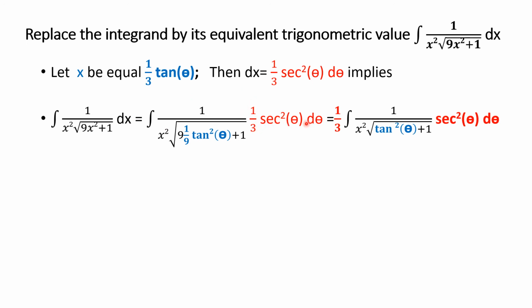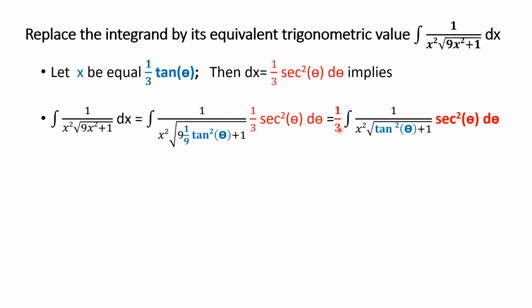Now we can do some cleaning. We can see that the 9 cancels the 9, so we have tan square theta plus 1 inside. And outside we have 1 over 3, which is coming from dx.